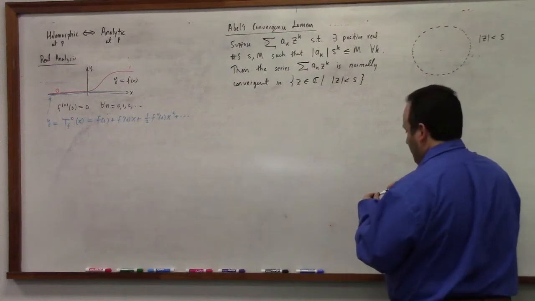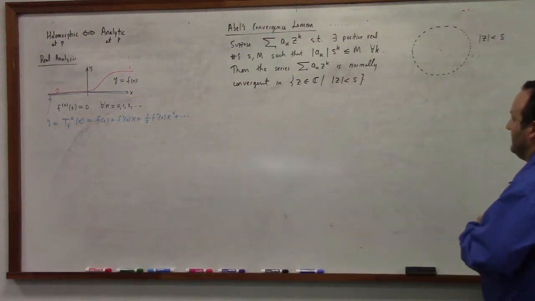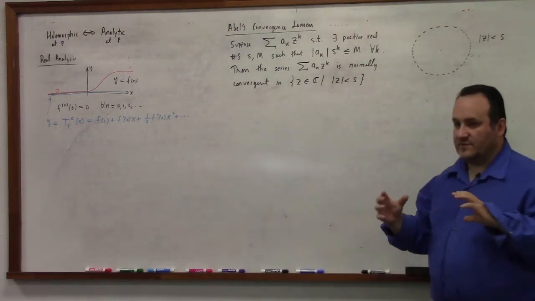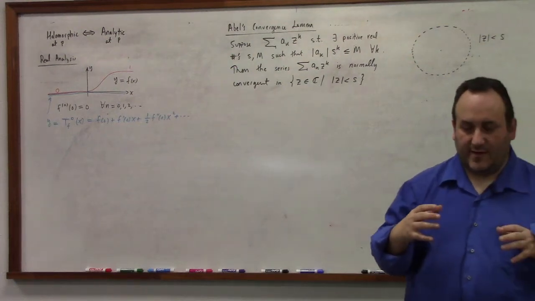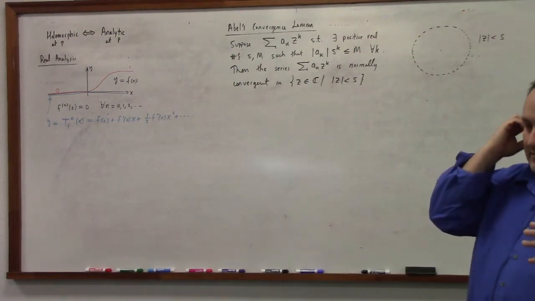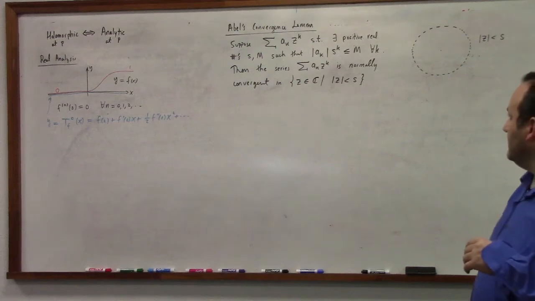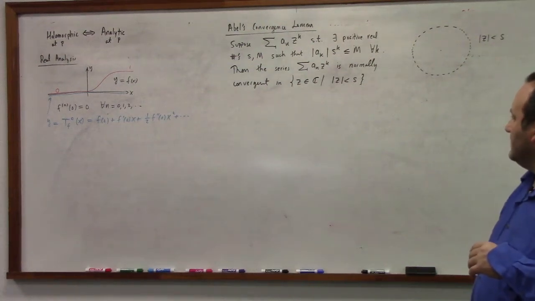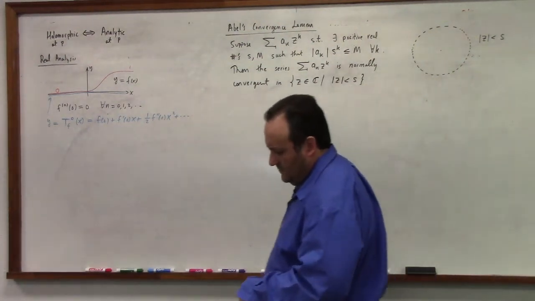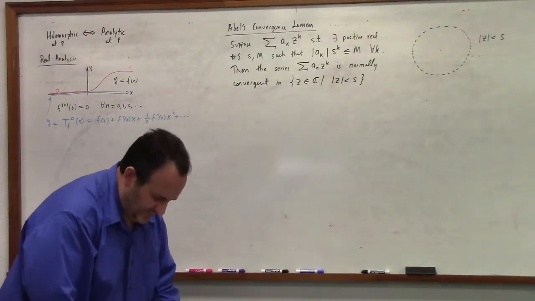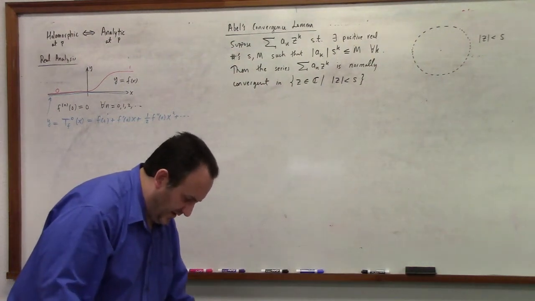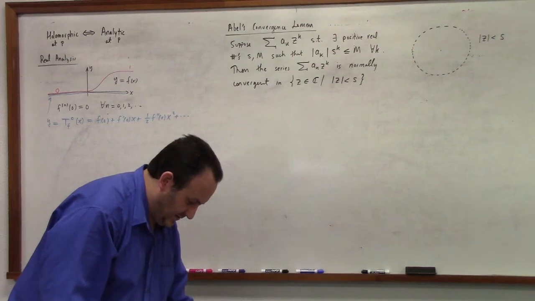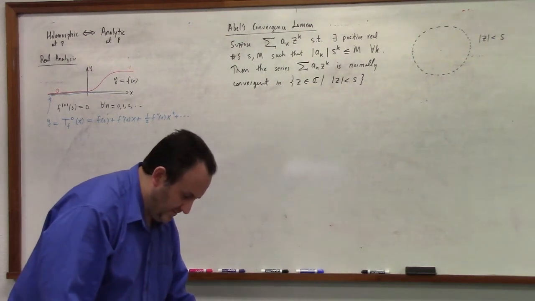What normally convergent means is that any closed disk properly contained inside there, you have, oh goodness, I want to say absolute convergence, but it's left my mind. Golly. Just a second here.